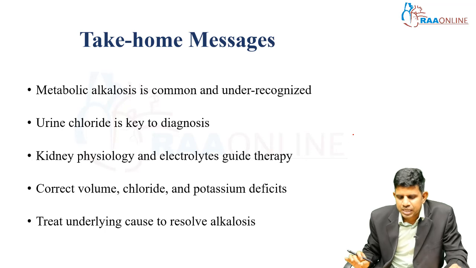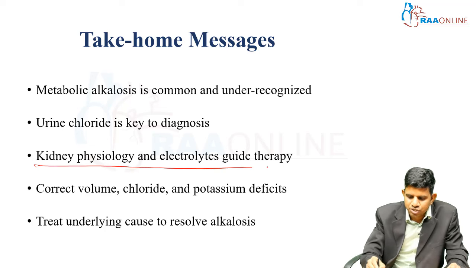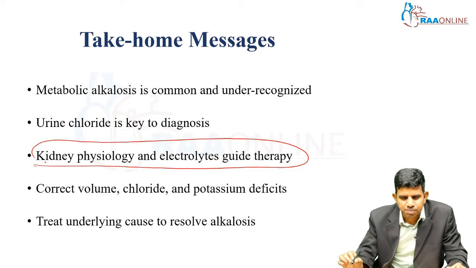Checking urine chloride is key to diagnose or narrow down the root cause of metabolic alkalosis. Understanding kidney physiology and electrolytes is very important, because the pathophysiology is important to diagnose the root cause, and treatment also depends upon that.